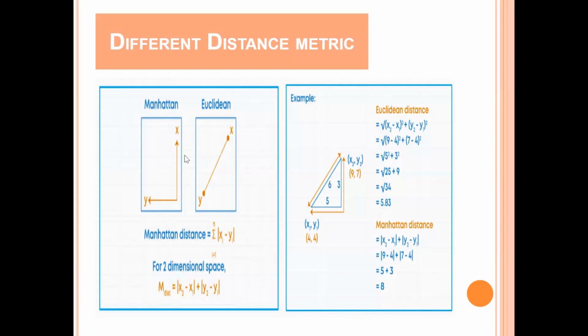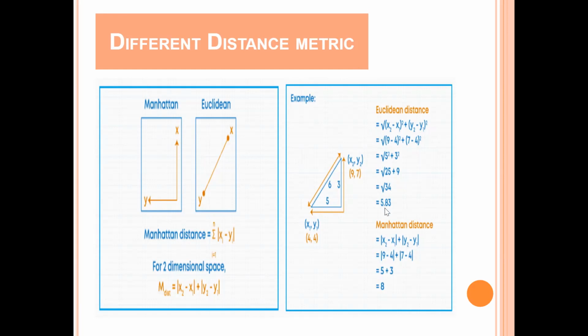Now you can see here actually how these metrics are working. Here is how the Manhattan distance and the Euclidean distance find the distance. Through the example, one triangular shape is given. Using Euclidean distance, we find the difference between two data points, square it, add the squares, and then take the square root.